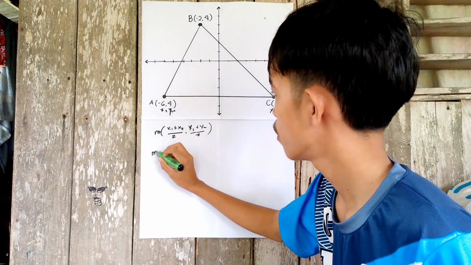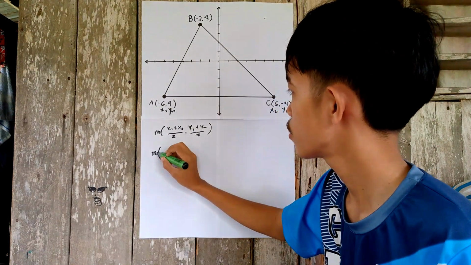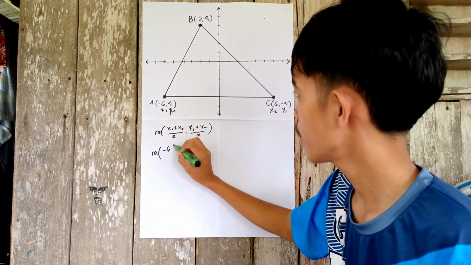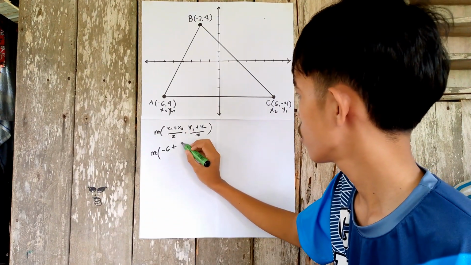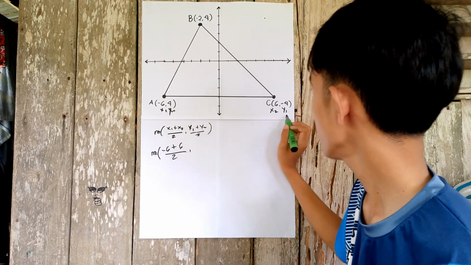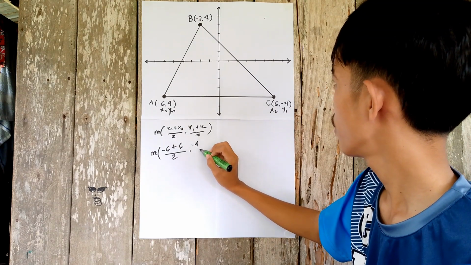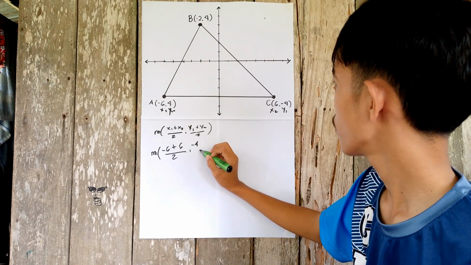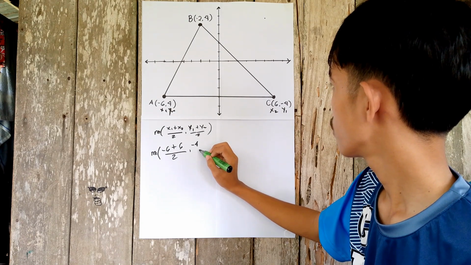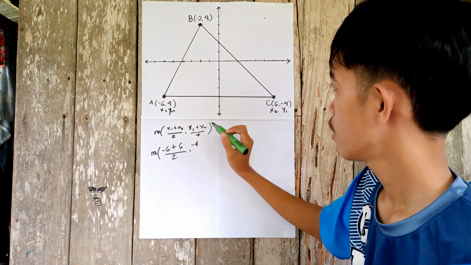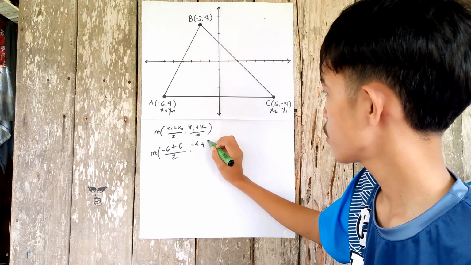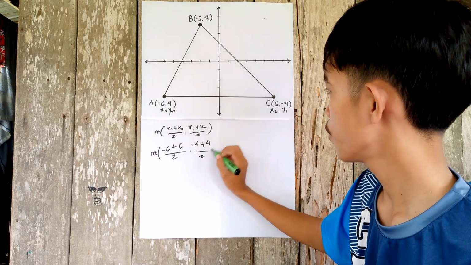So M is equal to x1, which is negative 6, plus x2, which is 6, over 2, and y1 is negative 4 plus negative 4 over 2.